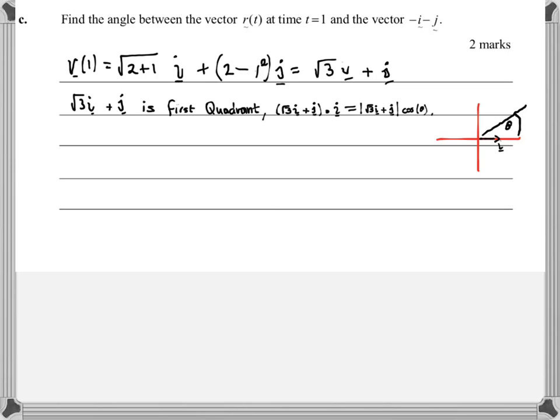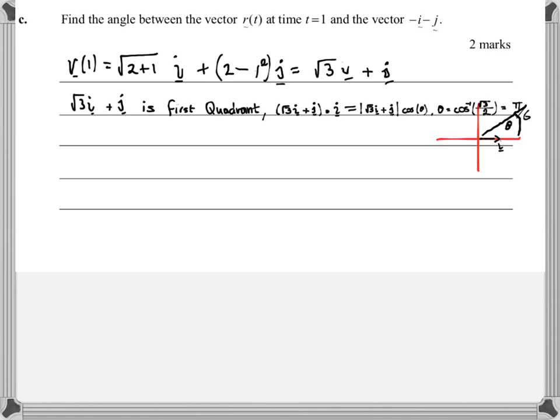and then relating it using the definition that the dot product of two vectors is equal to the magnitude of each times cos of theta. Now, theta is going to be the inverse cos of root 3 on 2. I obtained that by performing my dot product: root 3 times 1, plus 1 from the j times 0, because there's no j over here.